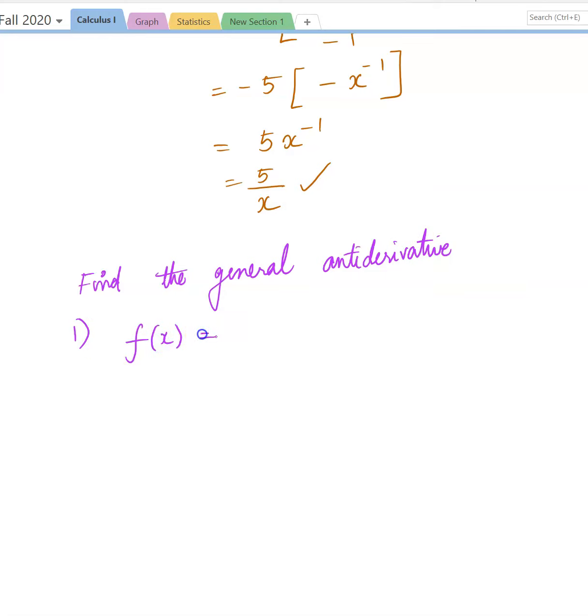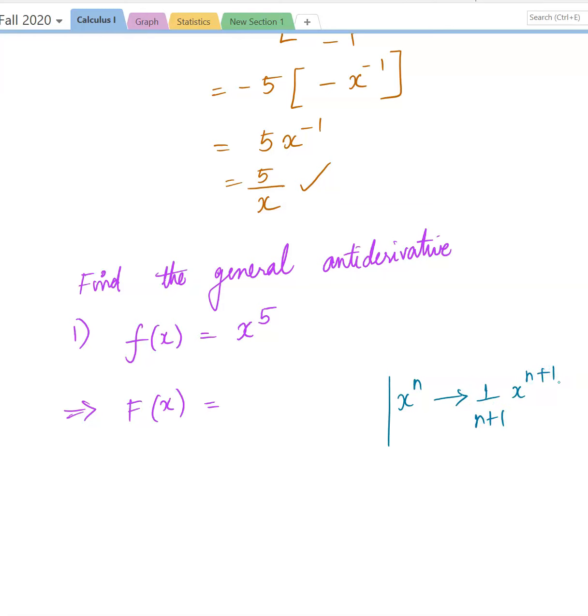We have f of x equals x power 5. Remember, this is already the derivative. So this implies we find capital F of x, and we're going to use the formula. And quick recall, x power n, for it the antiderivative was 1 over n plus 1 x power n plus 1.